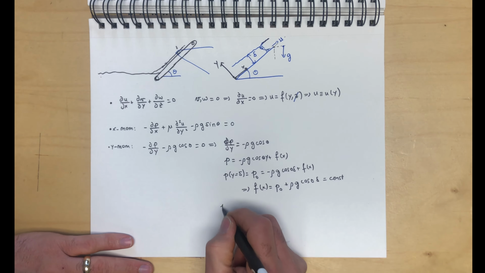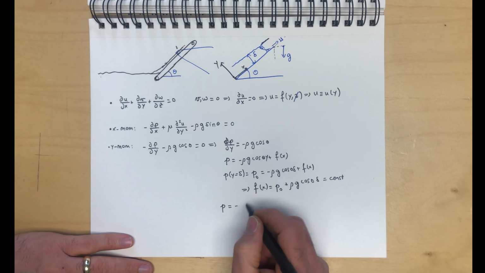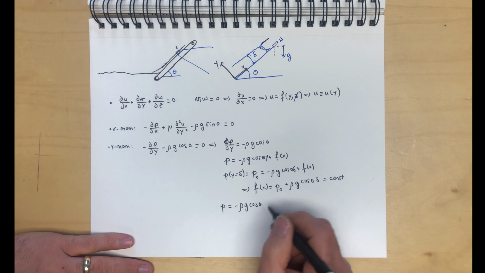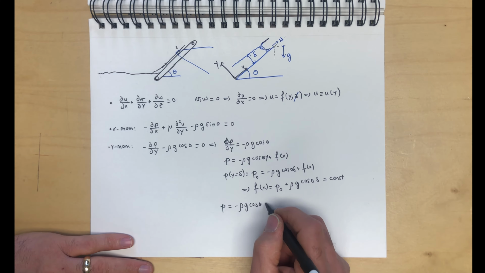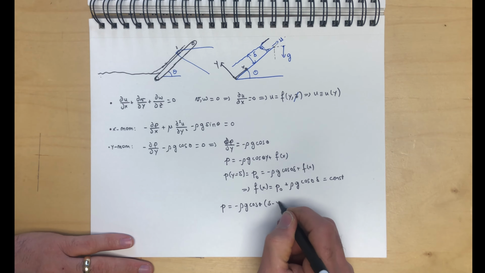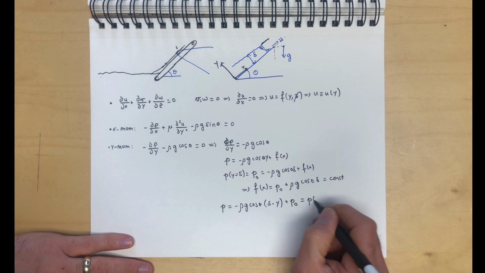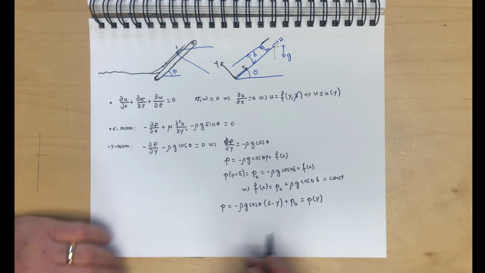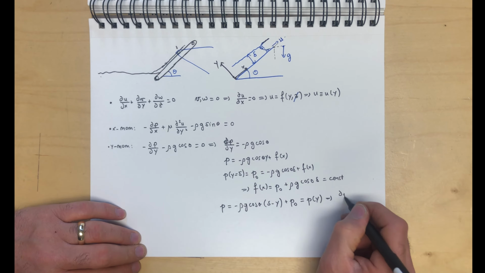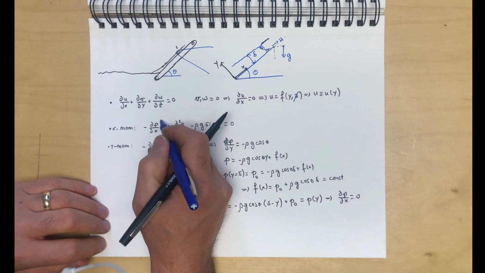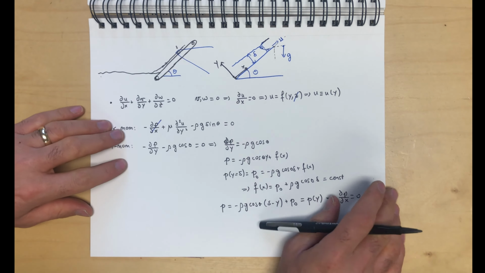In other words, the pressure is equal to rho g cosine theta times delta minus y, plus p0, which is a function of y only. So this implies that dp/dx is indeed 0, and we can get rid of this term.